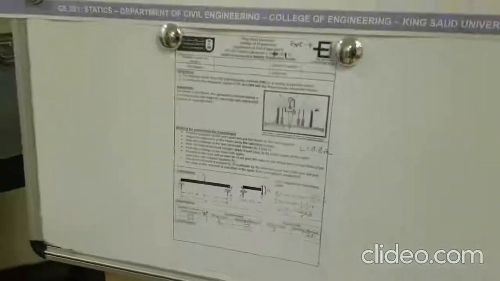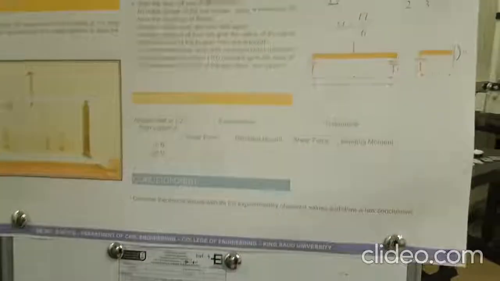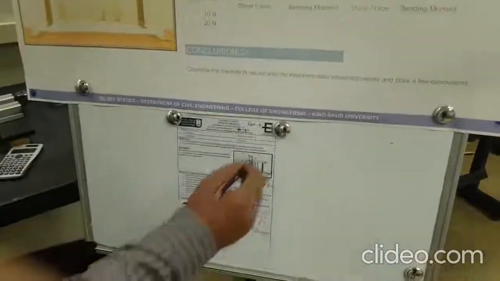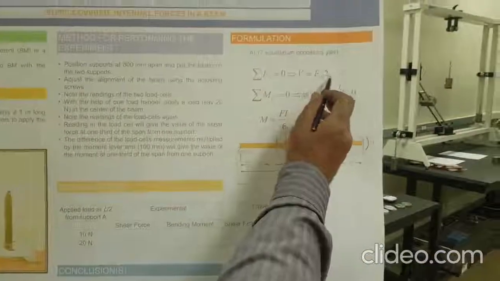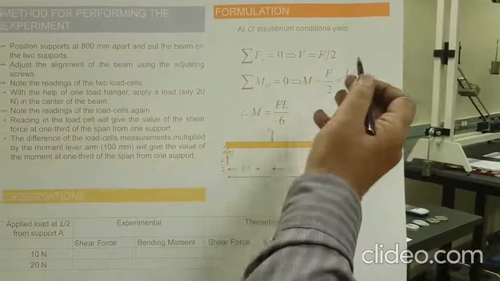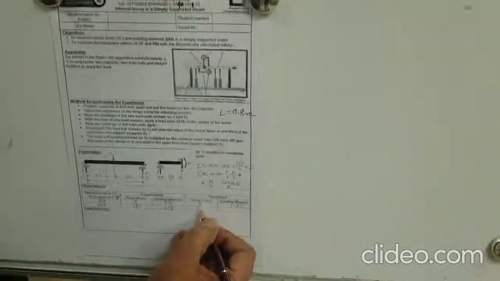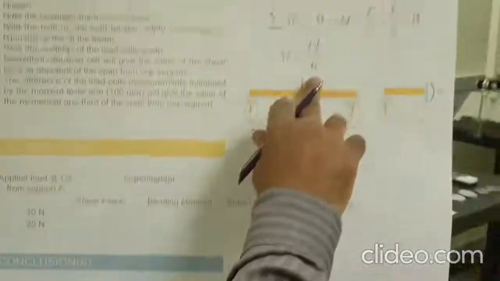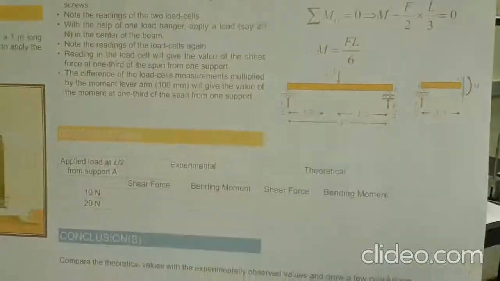Okay, now let's go theoretically. Theoretically, we have to find again, using the same thing, V equals F over 2. So F here is 20. So 20 over 2 is going to be 10. Shear force is going to be 10. And then bending moment will be FL over 6.